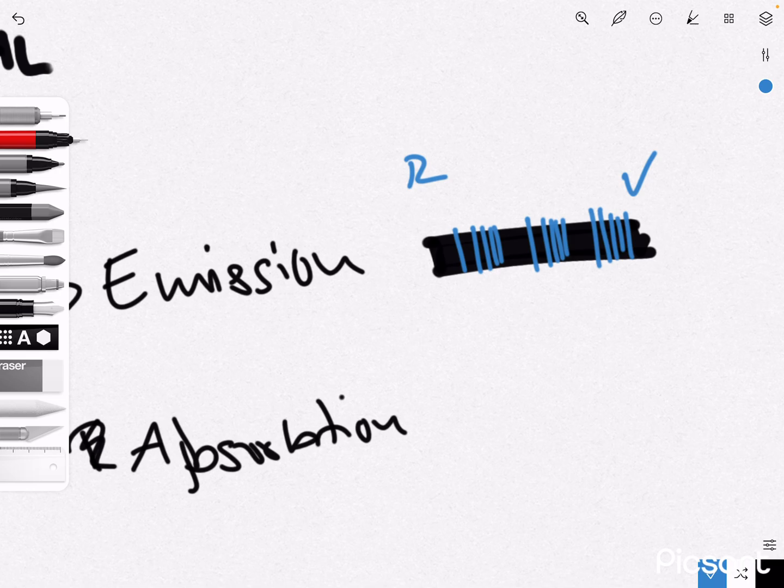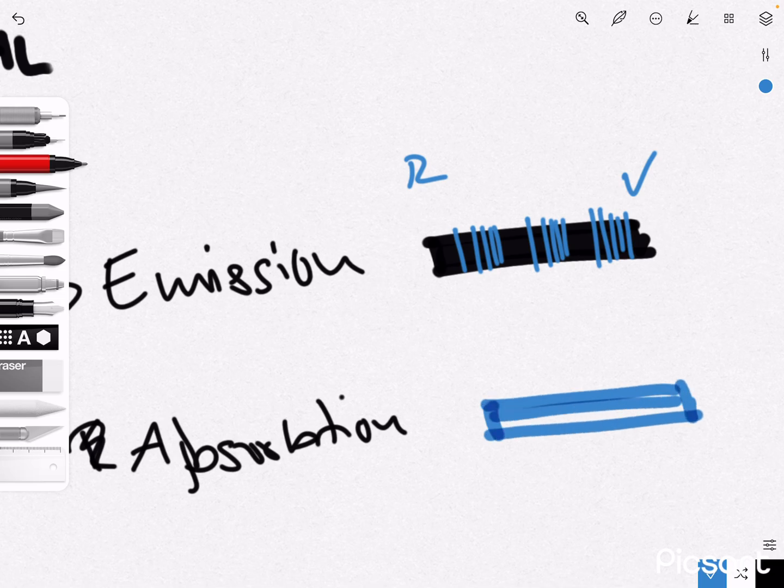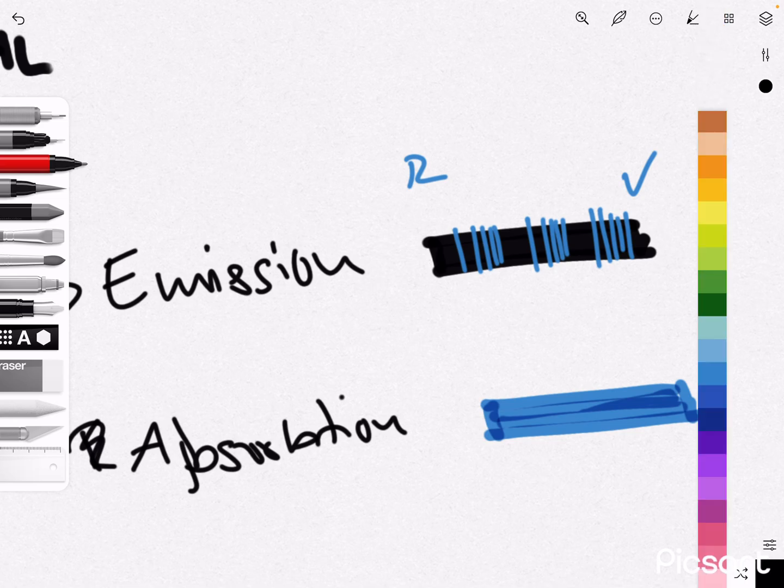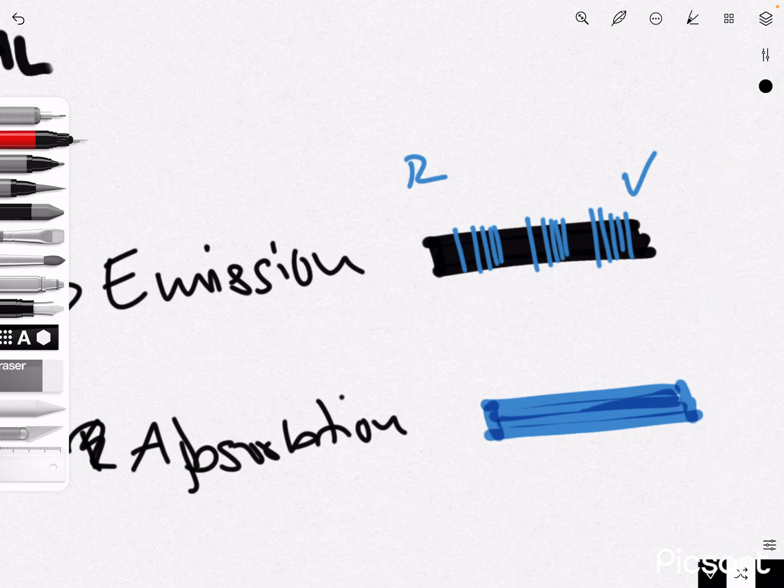And for our absorption spectra, it would look exactly the same, except that our base itself would not be all black, but would be all in rainbow. And what we would have is distinct black lines of the photons, which were absorbed by the excited hydrogen electrons.